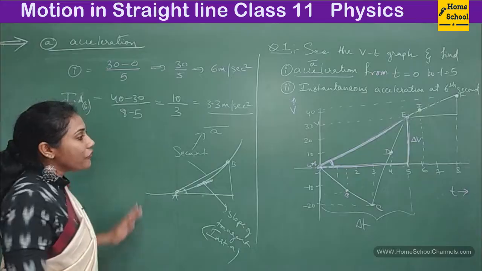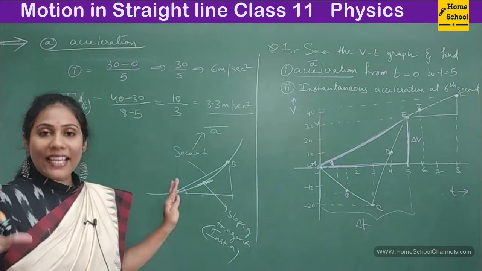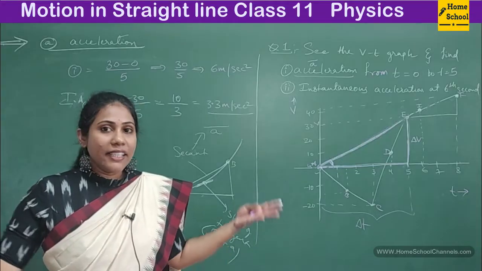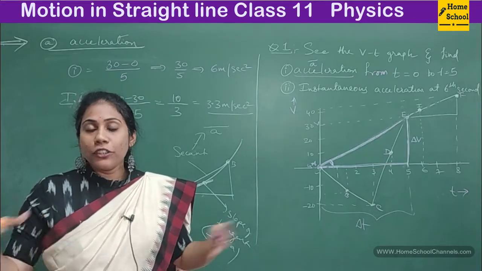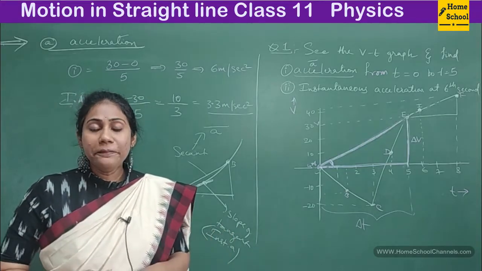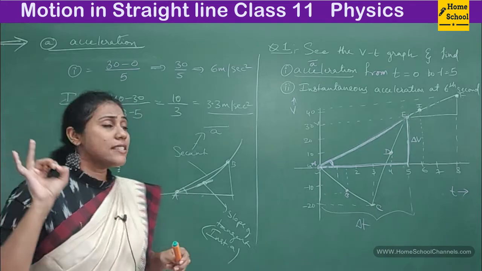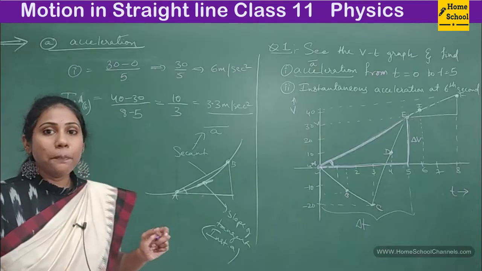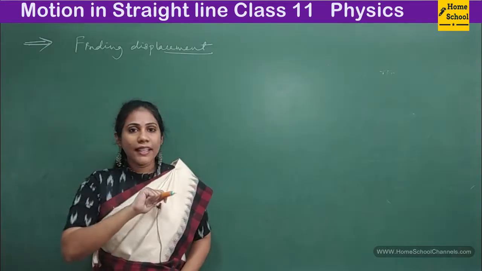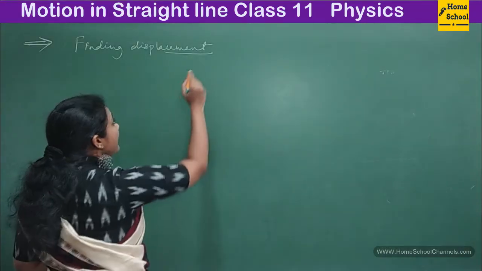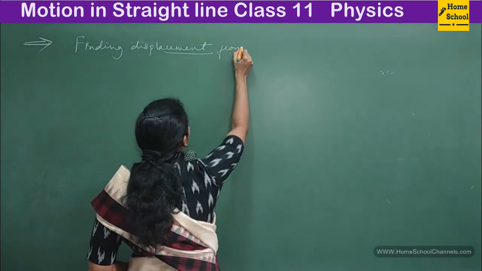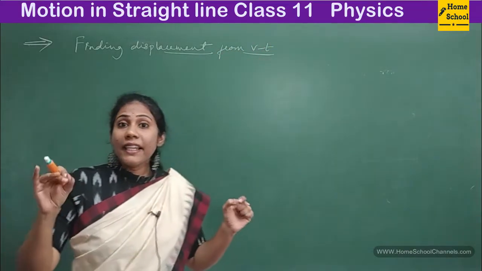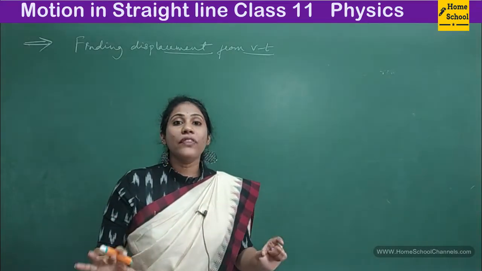So now we understood how to find acceleration from a VT graph. It is just by calculating the slope between 2 points, the slope of a line. And now let us try to understand how to find the displacement from a VT graph. See guys, finding displacement from a VT graph is very simple. It is just the area covered under the VT graph.